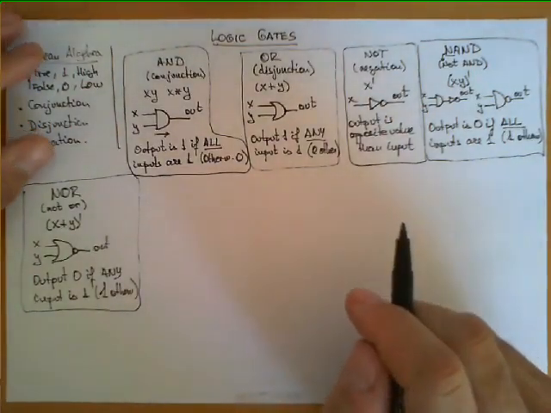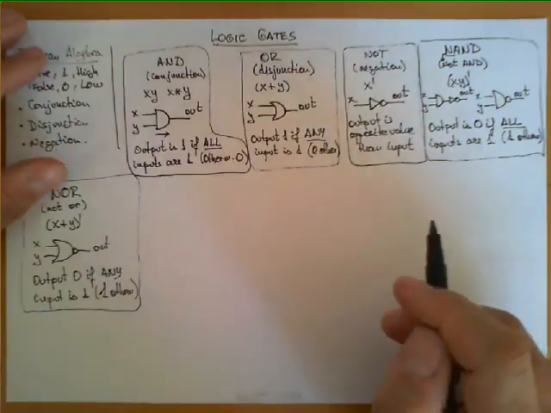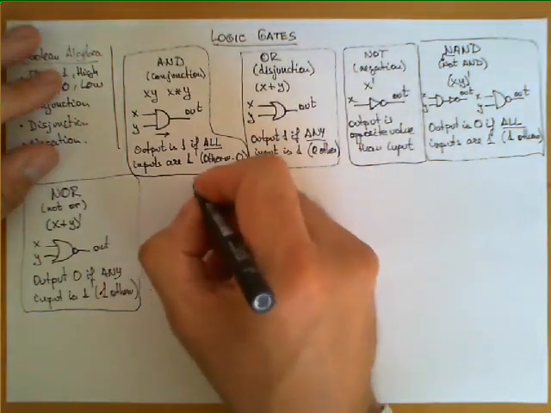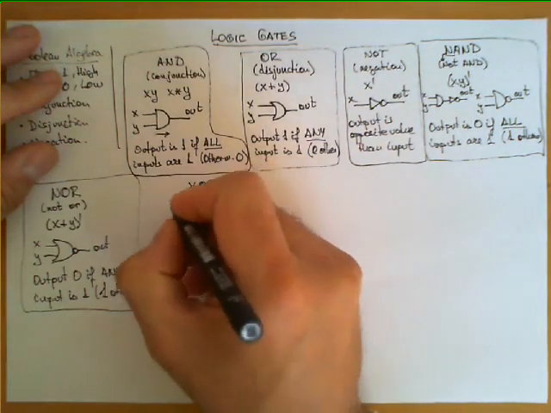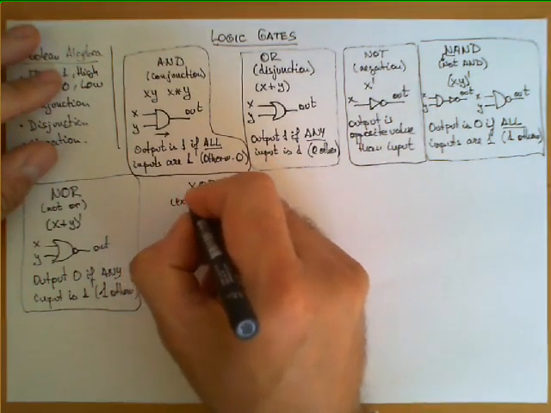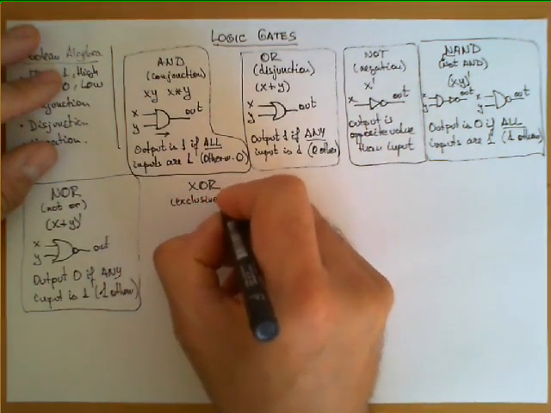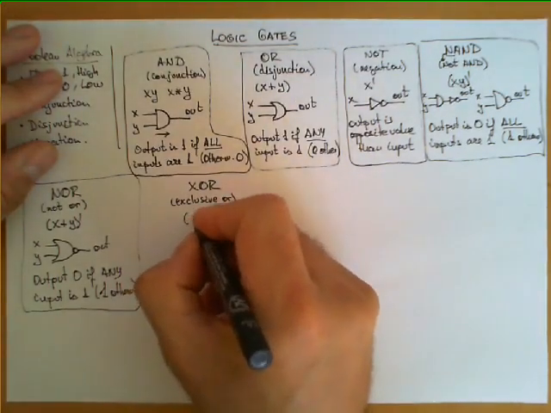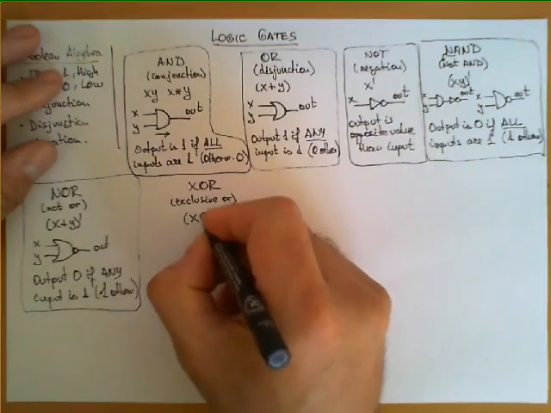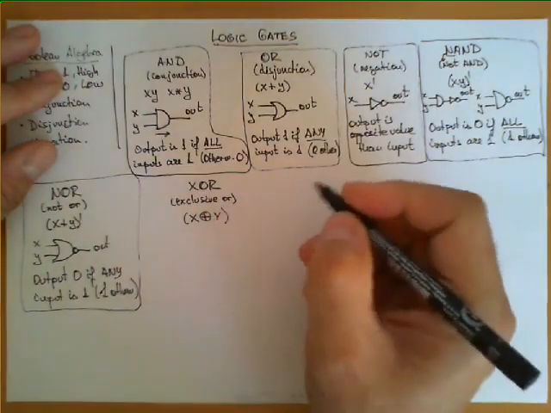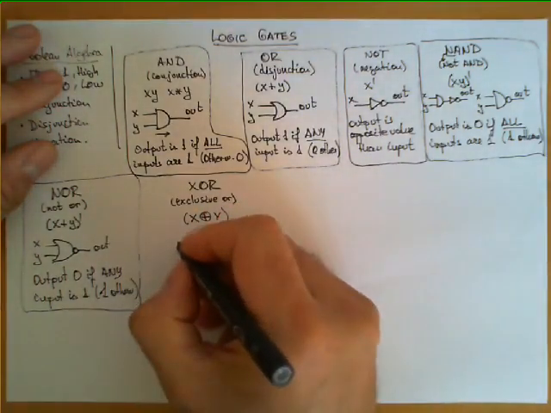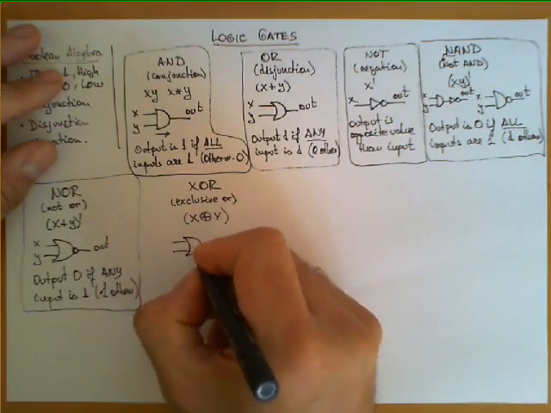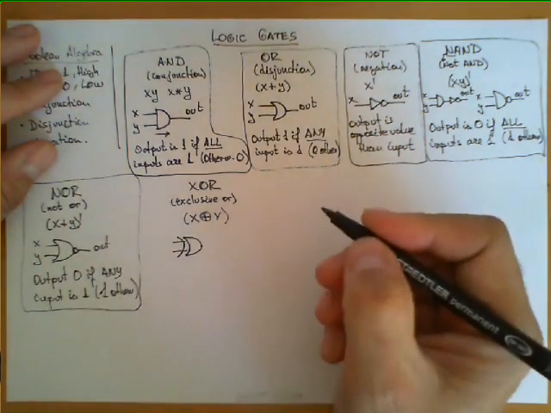So let's now describe two additional gates that are very useful when designing digital circuits. The first one is called XOR, as an abbreviation for exclusive OR, and it's represented in Boolean expressions as a plus surrounded by a circle, and the symbol is similar to the OR but with an additional line next to the input.